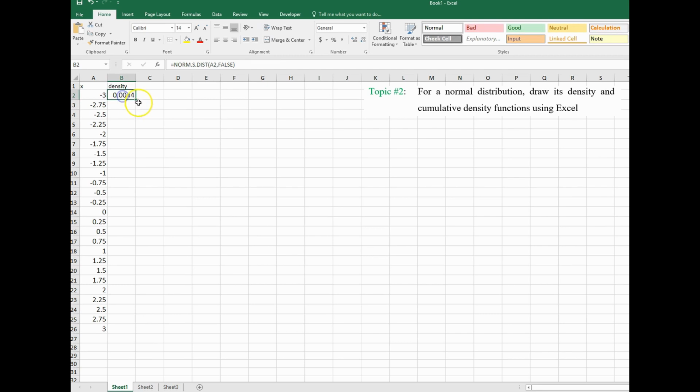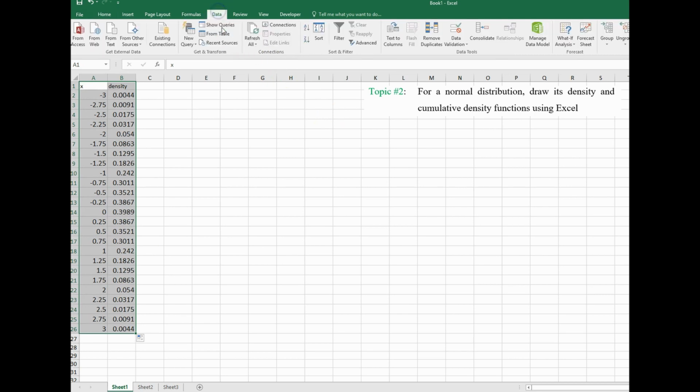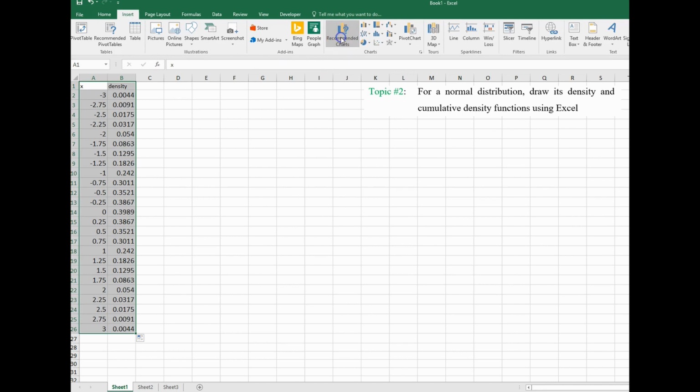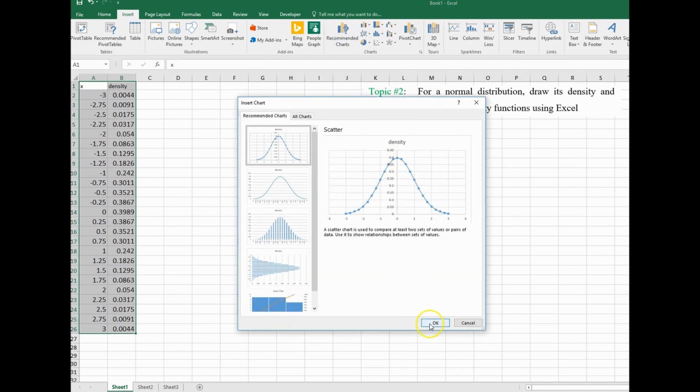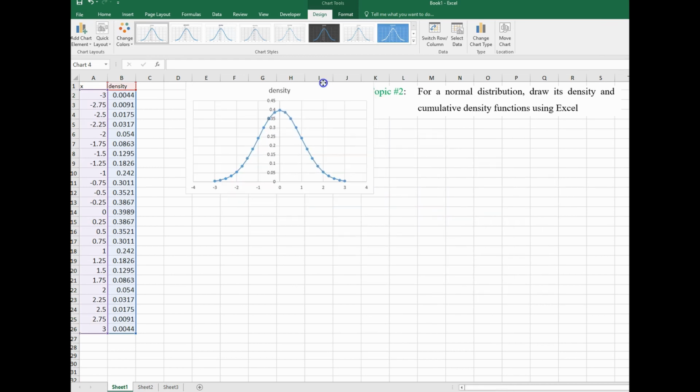Then we copy and paste. We highlight both columns, click Insert, click Recommended Charts. So this is the graph for the density function.